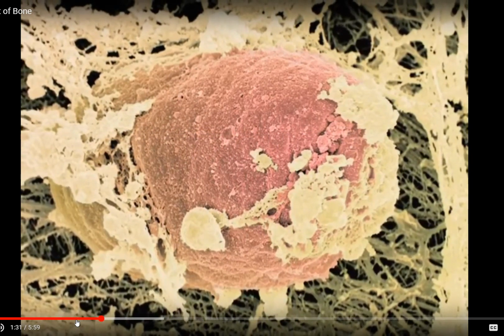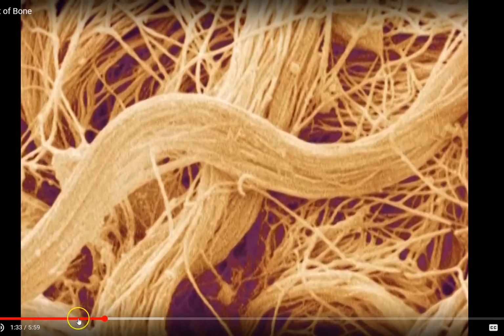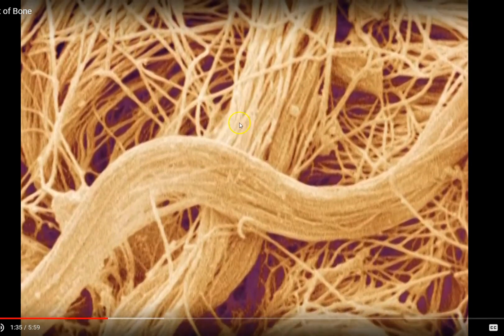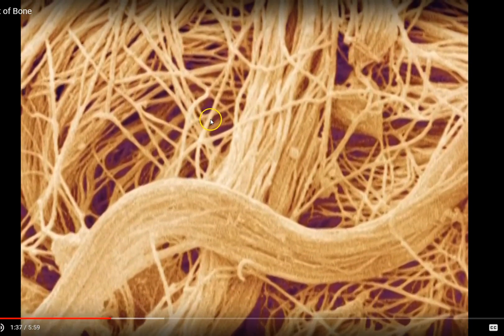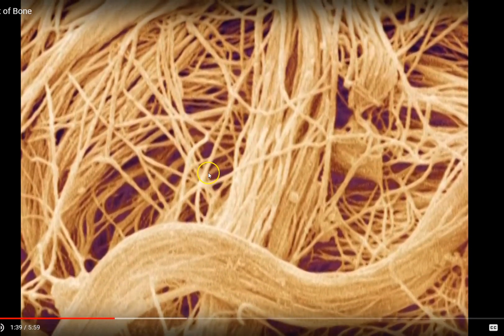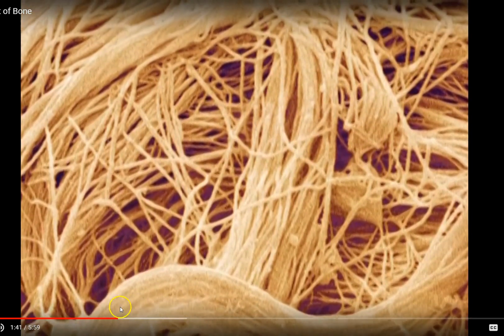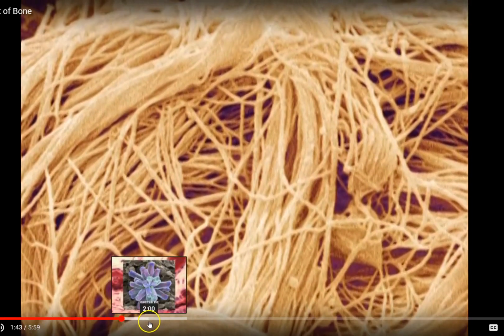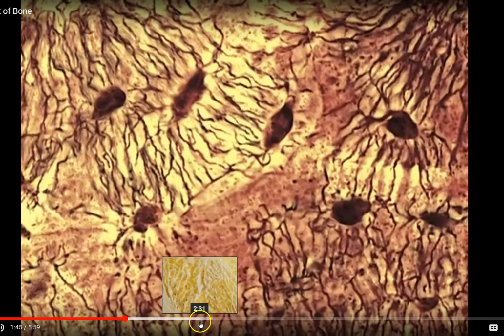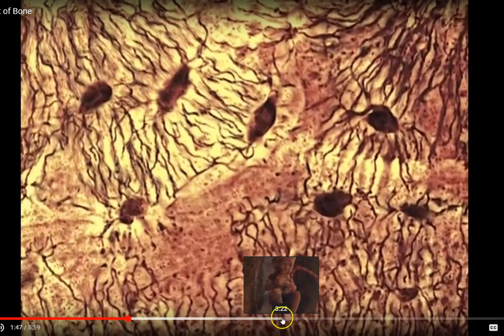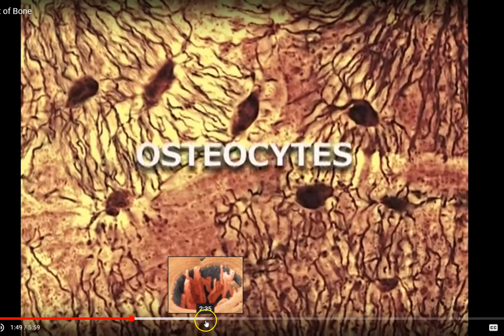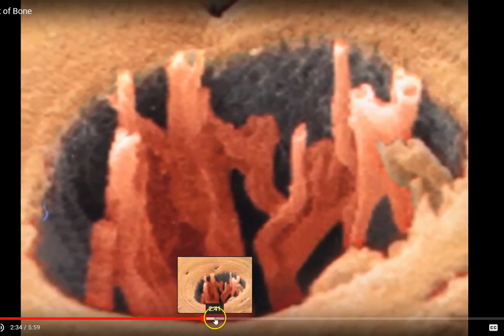All right, show us the osteoblasts. I think this is the fibers, how the fibers get laid down, collagen fibers that we're going to calcify, crystallize. Osteocytes, yeah. Oh, here we go. Keep going.